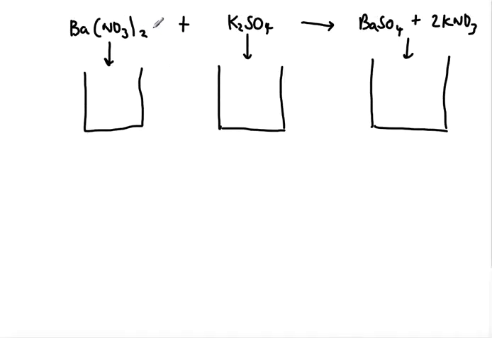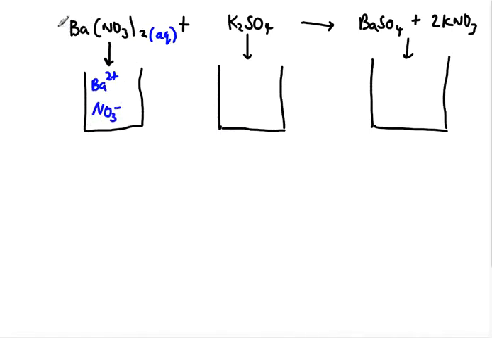So let's think about barium nitrate, which we know is soluble in water. We know from earlier on in the year that ionic compounds break up into their ions when they are dissolved in water. So what we want to do is ask ourselves, if barium nitrate, this compound, is broken up, what will we see in the solution? We're going to see barium ions, and we're going to see nitrate ions.